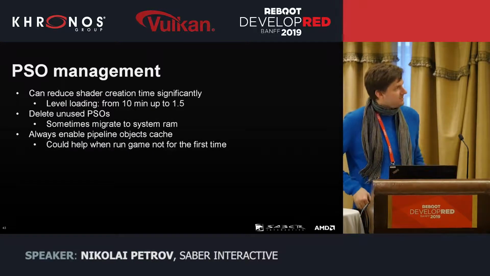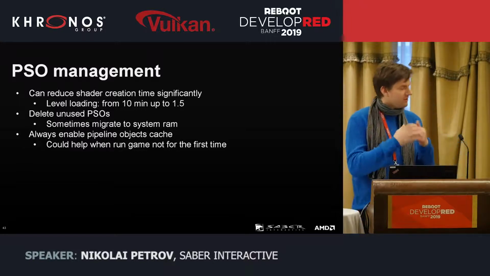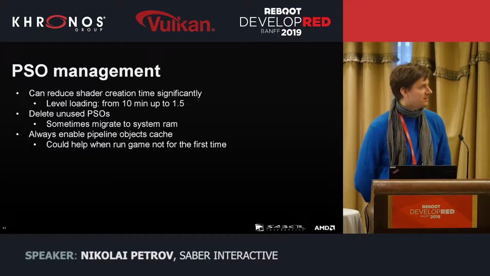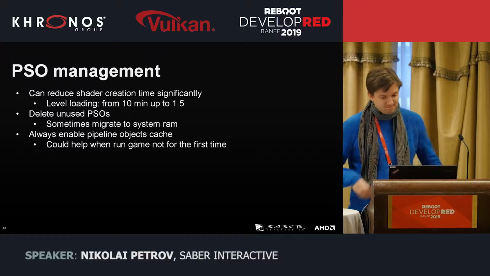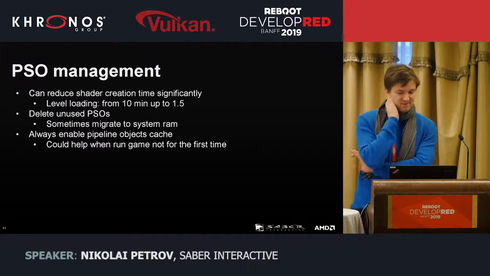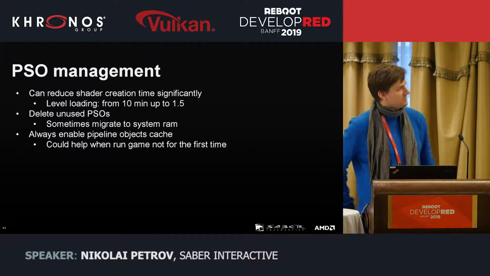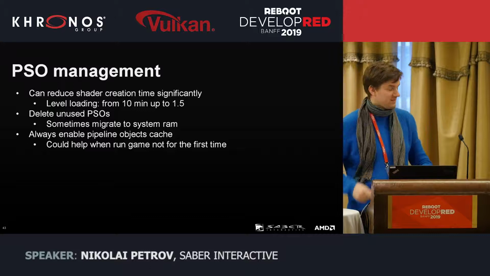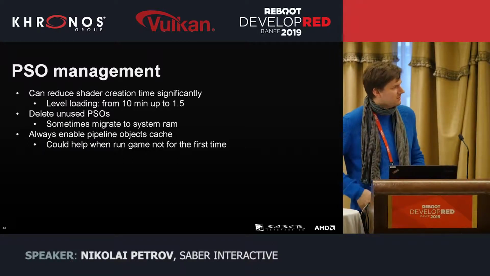All of these steps help us to reduce the level loading time dramatically from 10 minutes down to 1.5. Of course, we need to use the internal Vulkan pipeline PSO cache, because you can store the internal code and use it for the next runs to create the PSOs instantly.